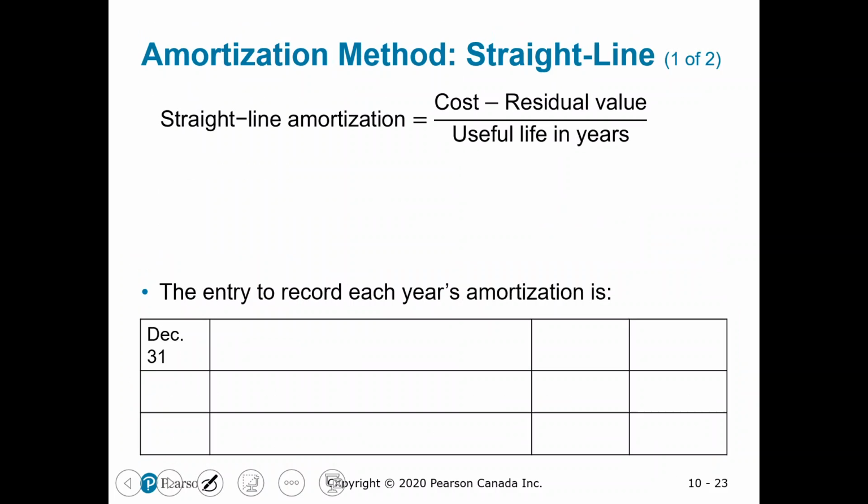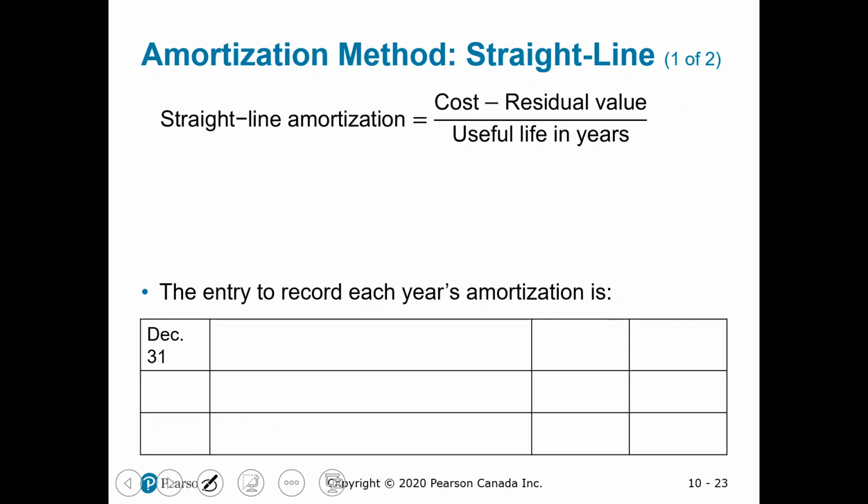We are going to start with using the straight line amortization method. So this should be a review because this is what we did earlier when we looked at adjusting entries and we booked amortization. We used the straight line.